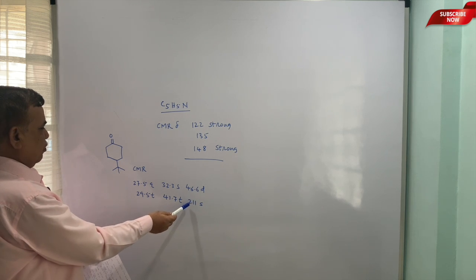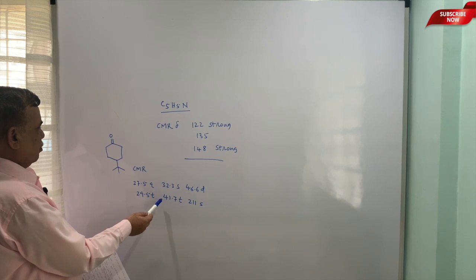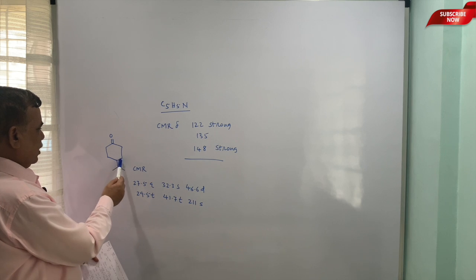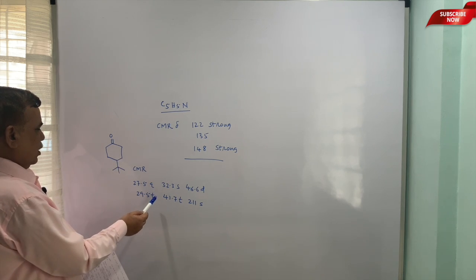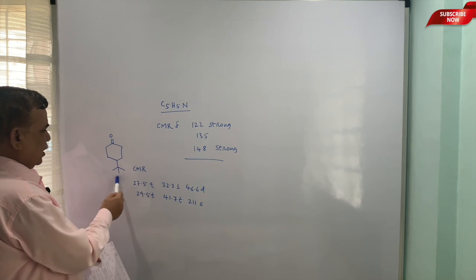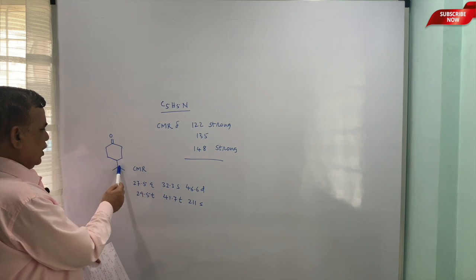So 1, 2 and 3. This CH doublet is probably this CH, and then triplets are these 2 methylenes, quartets are these, and singlet, probably 32.3 singlet, is this one.